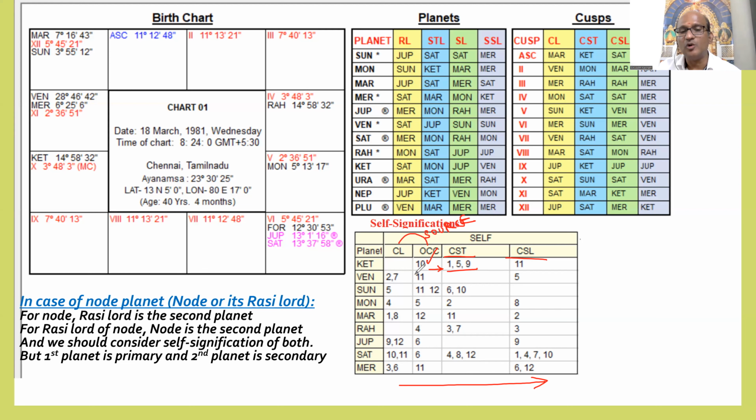That planet is holding in its hand the 10th house. And if you go further, that planet is cuspal star lord for 1, 5, and 9. It means these houses, whether they are all supporting the 10th house.